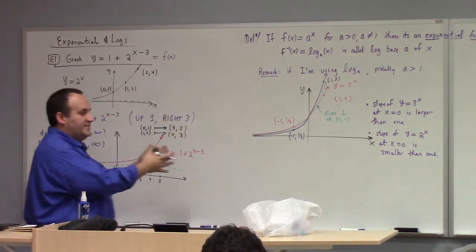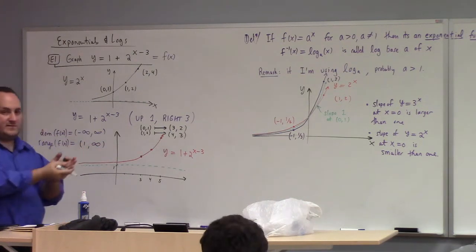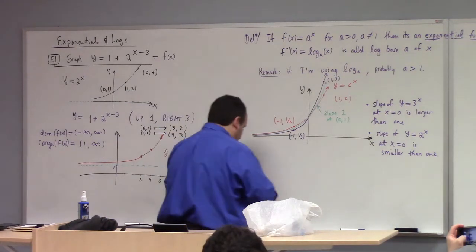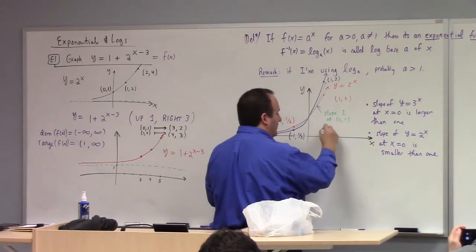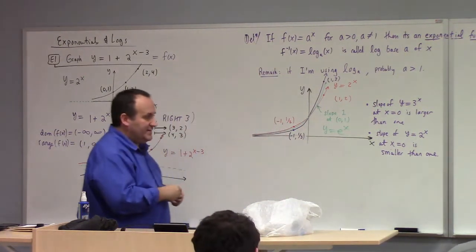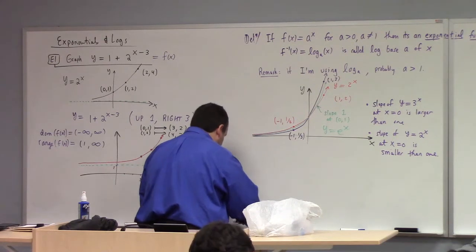That particular choice of base, the base for which the slope of the tangent line at 0 is 1, this is what we call the exponential. So this actually is y equals what's called e to the x. All right, y equals e to the x is the special base which has slope 1 at the origin.